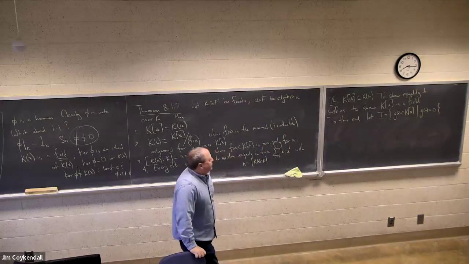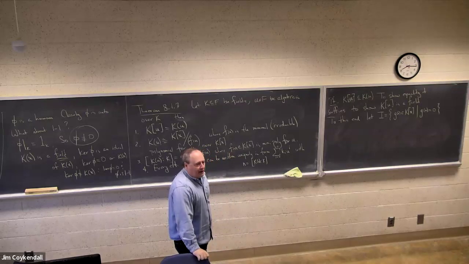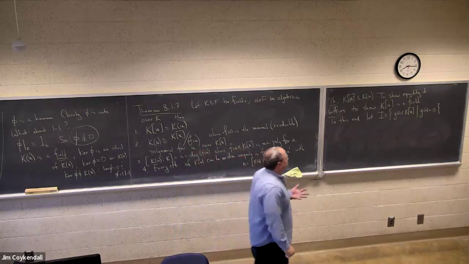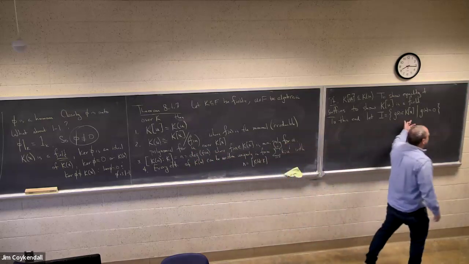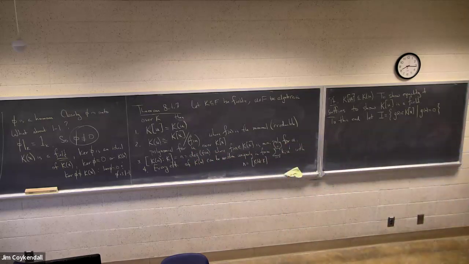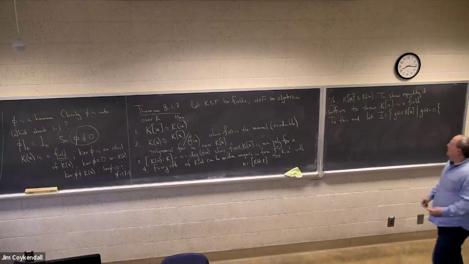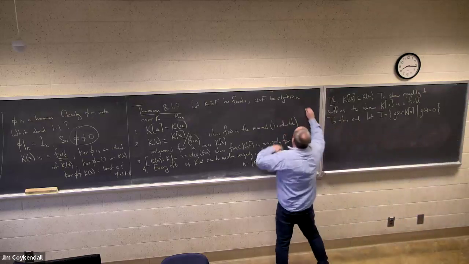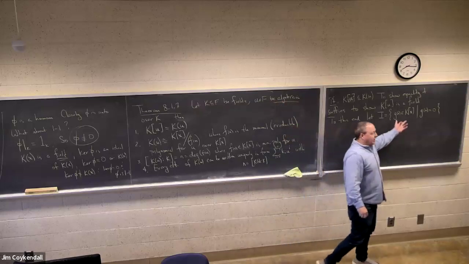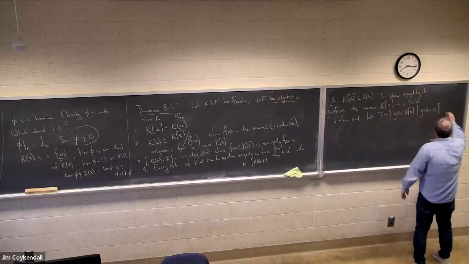What I want to do first is look at this ideal in K[x]. I'm going to collect all the polynomials in K[x] for which g of U is 0. Now I know one polynomial for which this is true: the zero polynomial. However, I has to be more than this because U is algebraic, so there's at least one non-zero polynomial in this ideal.